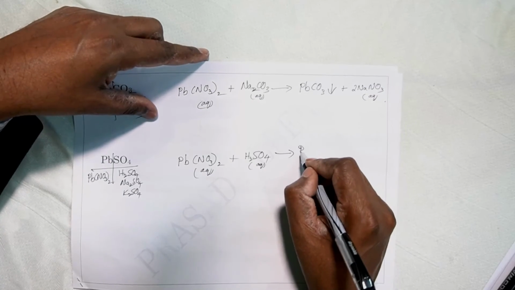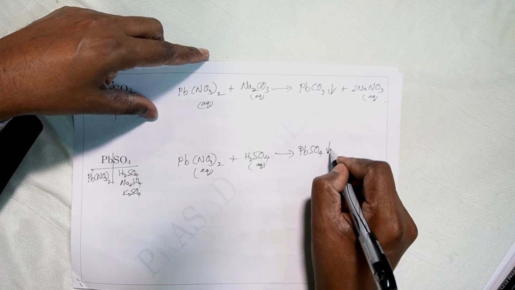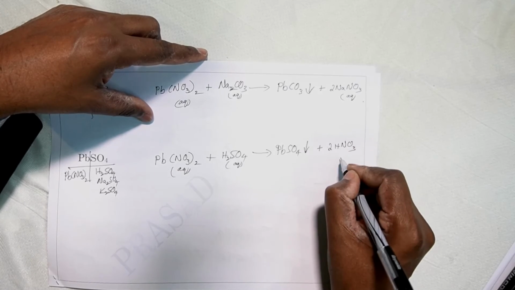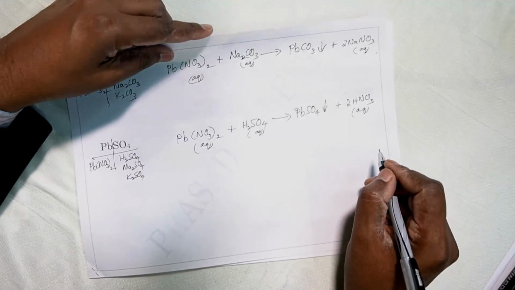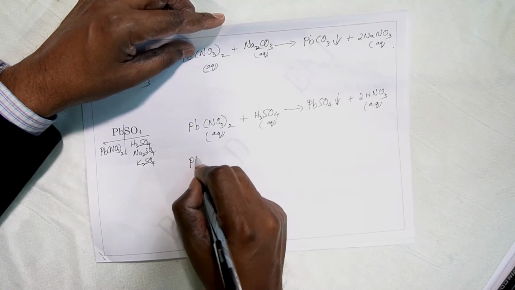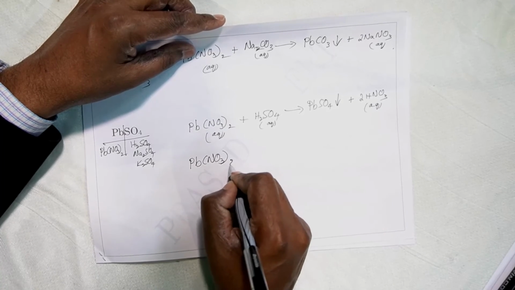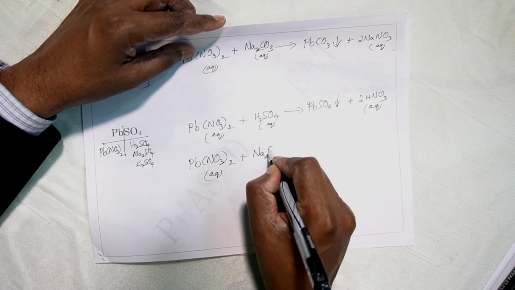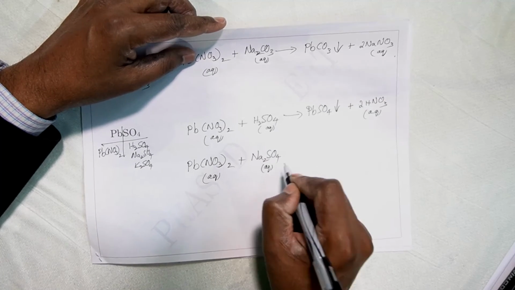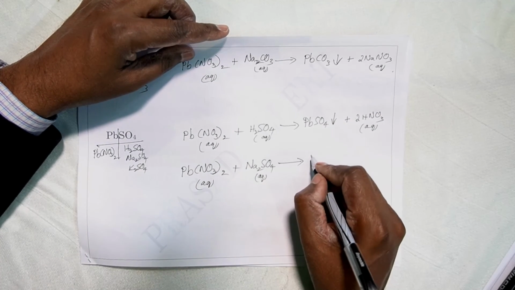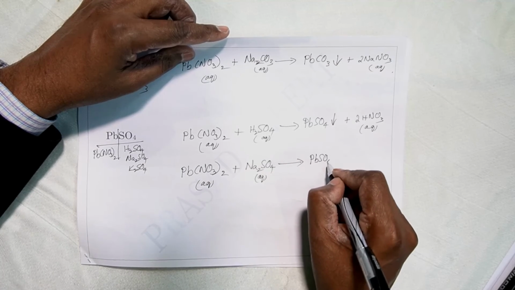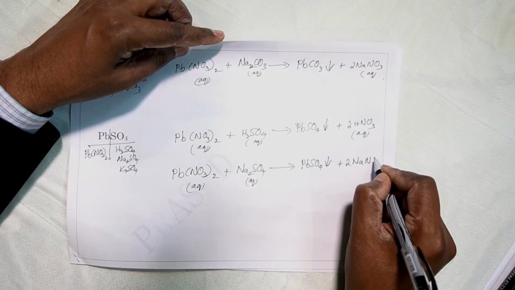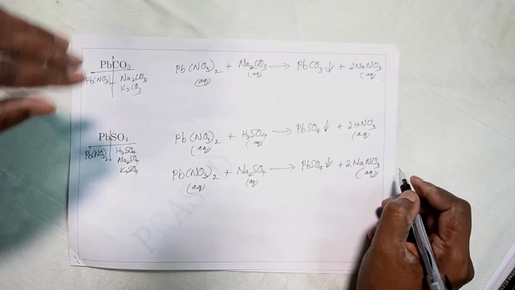You get PbSO4, which is the insoluble salt of lead, plus 2HNO3, which is aqueous, right? And you also have the other one, Pb(NO3)2 aqueous plus Na2SO4, sodium sulfate, which is an aqueous solution. So here you have a double decomposition reaction. PbSO4 is formed, an insoluble salt precipitated, plus 2NaNO3, which is aqueous. So you got a lead salt here.